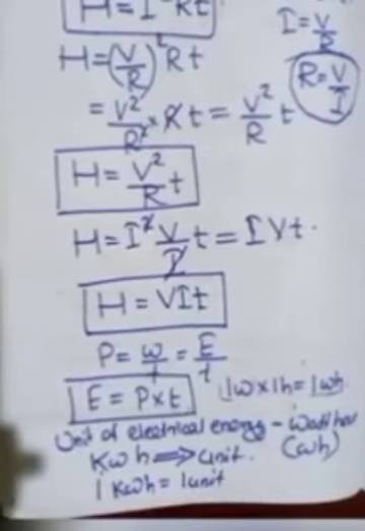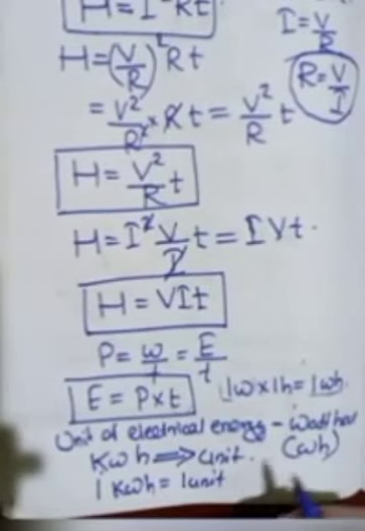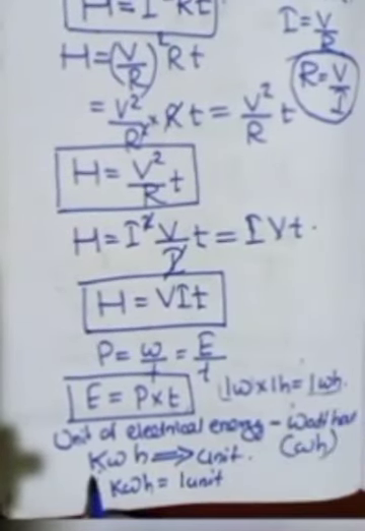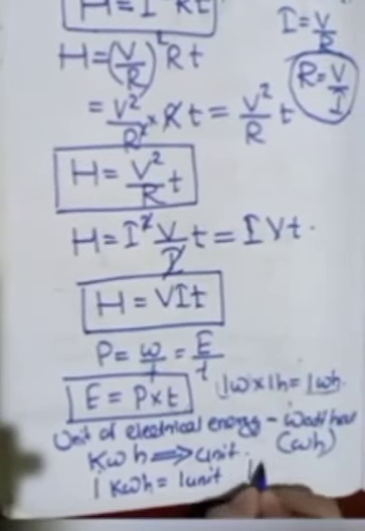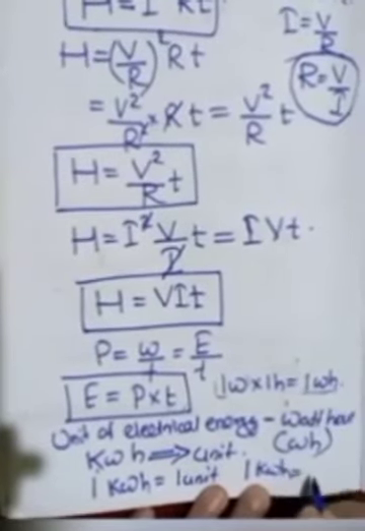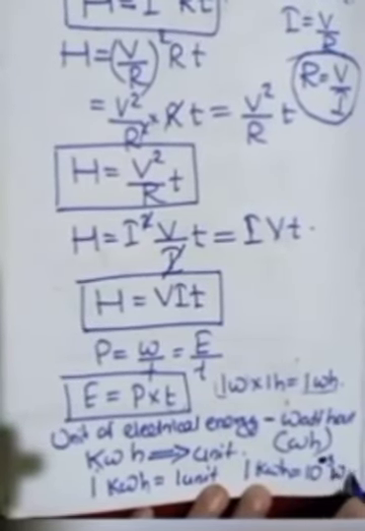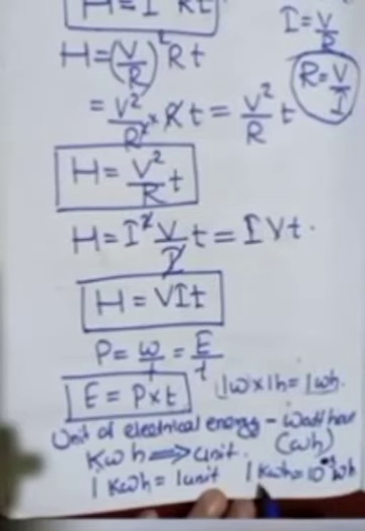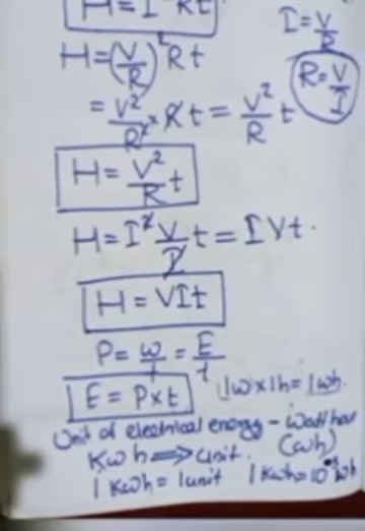In some problems you have to convert watt hour into kilowatt hour: 1 kilowatt hour is equal to 10 raised to 3 watt hour.